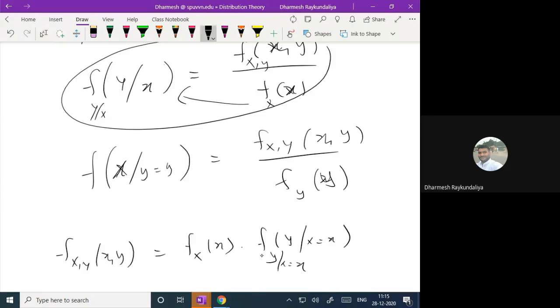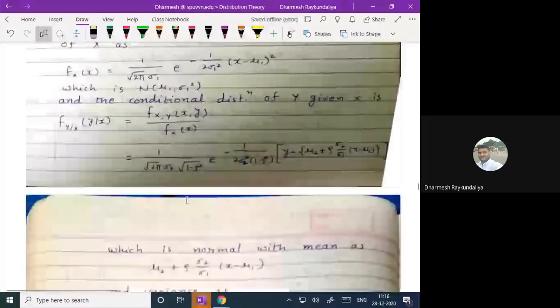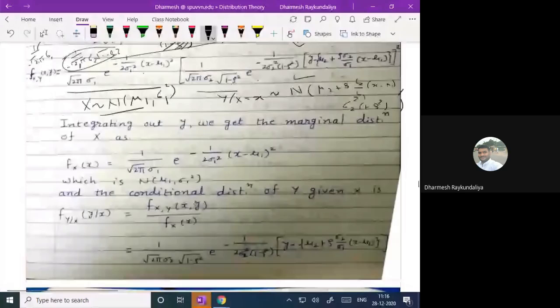I have just written it here. If I'm integrating with respect to y, I can do this. So this is giving me the marginal distribution of x.